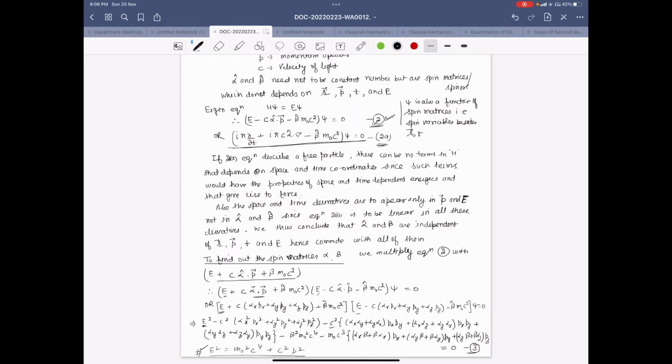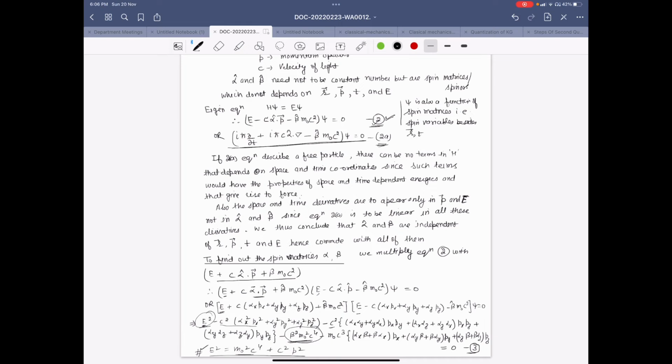How will we get this equation? First term will be there, then m naught c to the power 4, which is this one, and this one, and then what you get is c square p square, meaning the square terms.